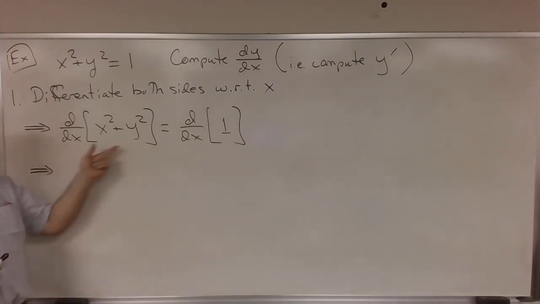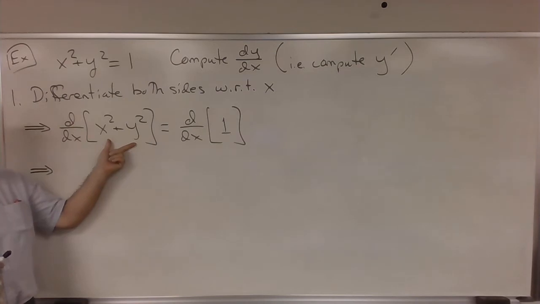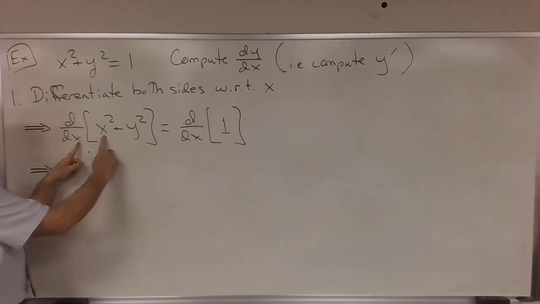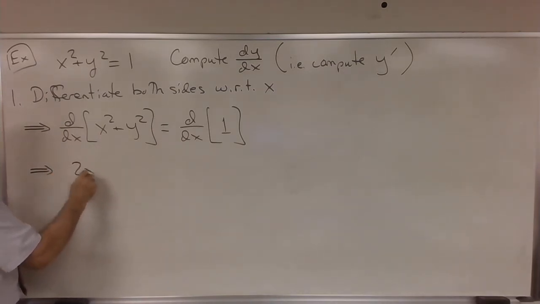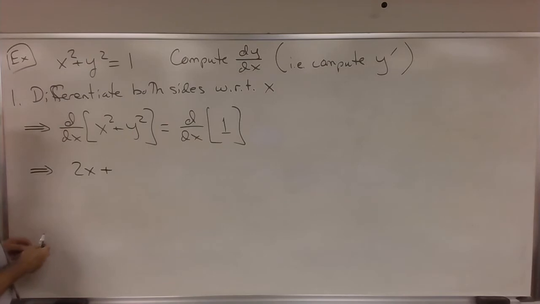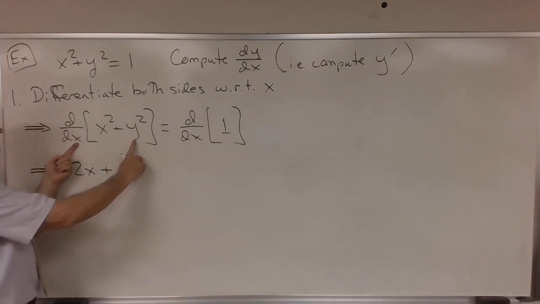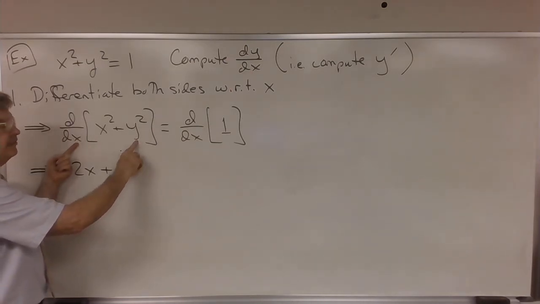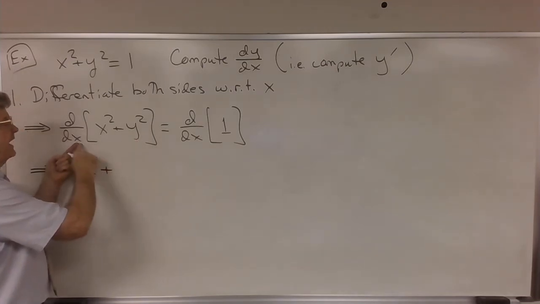We have the derivative of a sum, so we can differentiate each term separately. The variables here are the same, so we look at x as just being a variable, nothing more, and the derivative is 2x. Now we move to the next term. The variables are different, which means not only is y a variable, but it's also a function of x.